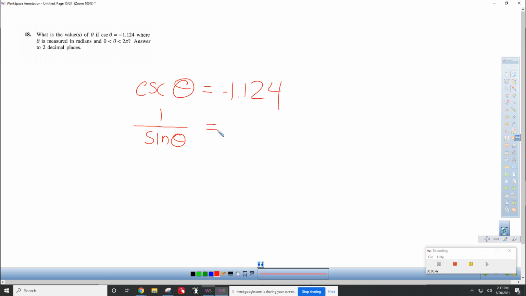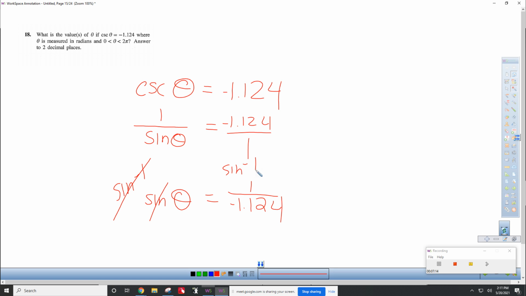That's what cosecant is. Negative 1.124 over 1. Oh, so what does that mean? Sine of theta, just flip both sides, is 1 divided by negative 1.124. Now, we can take the sine inverse of both sides.